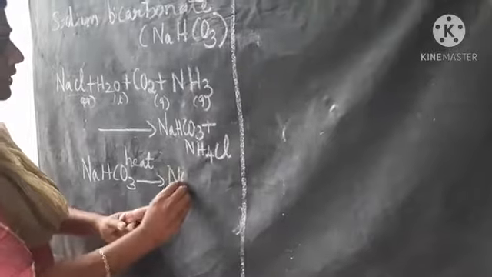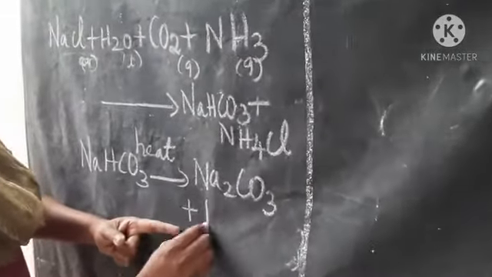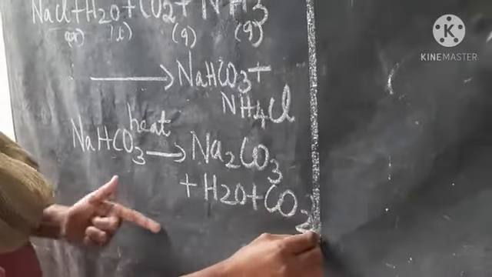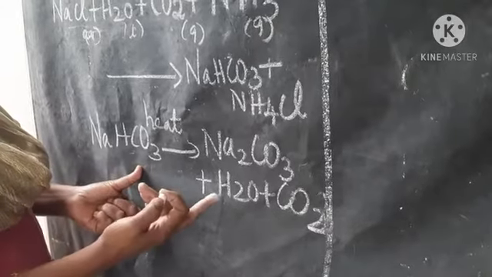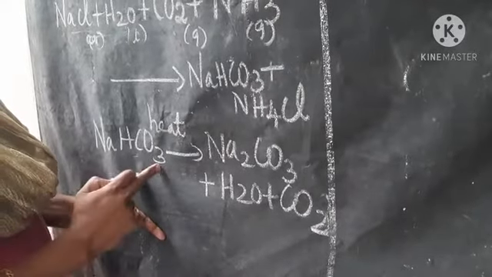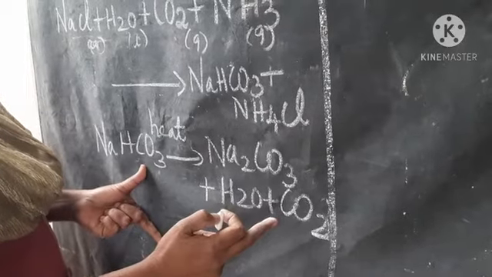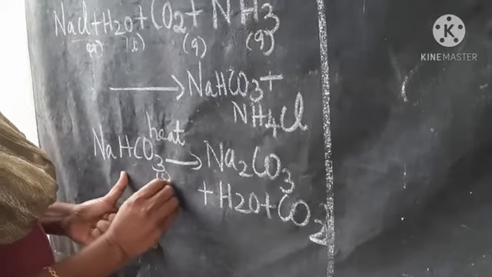One is Na2CO3 and water plus carbon dioxide. Now look at this equation. It is an example of a decomposition reaction, is it? A single reactant decomposes to give more products. Am I right?